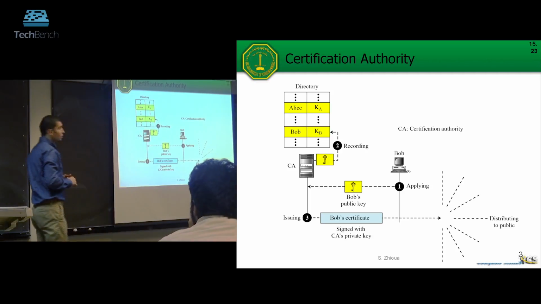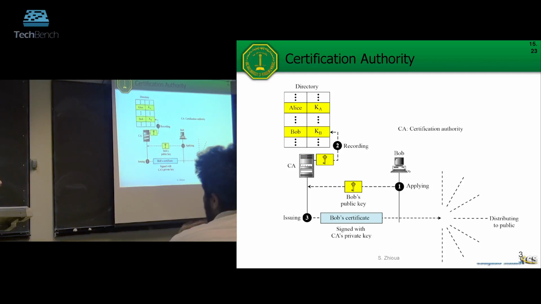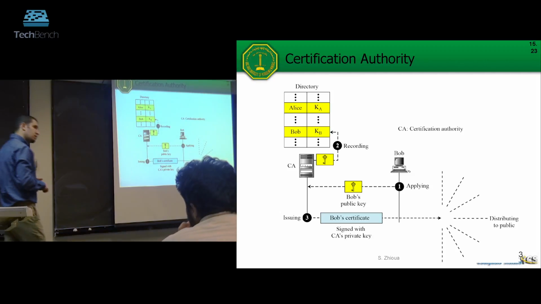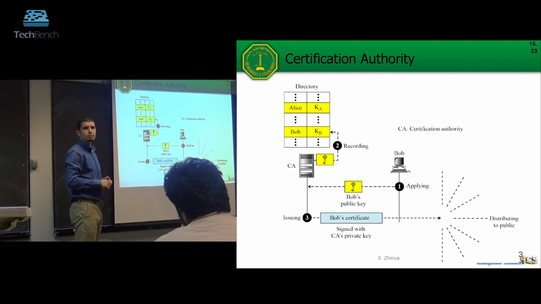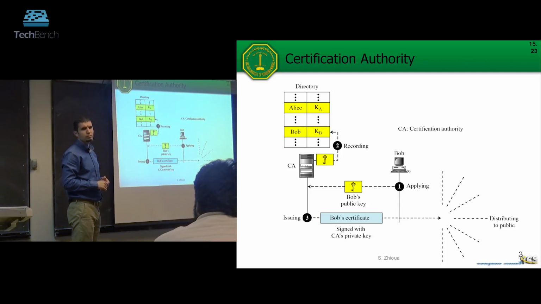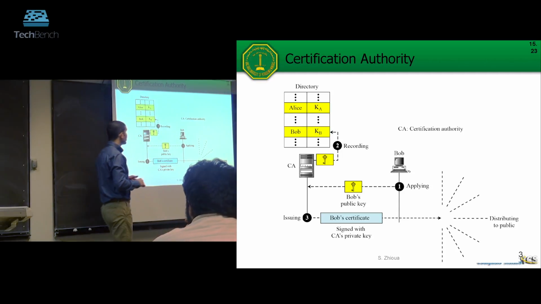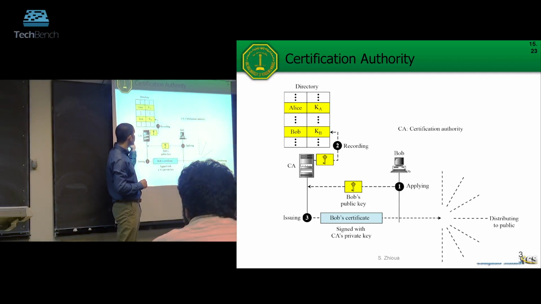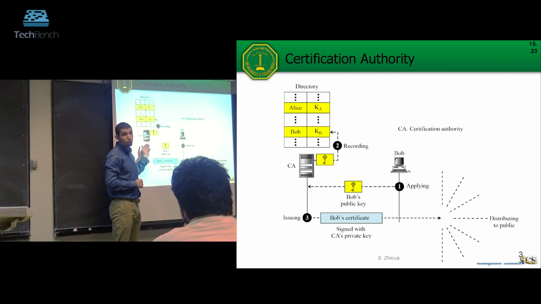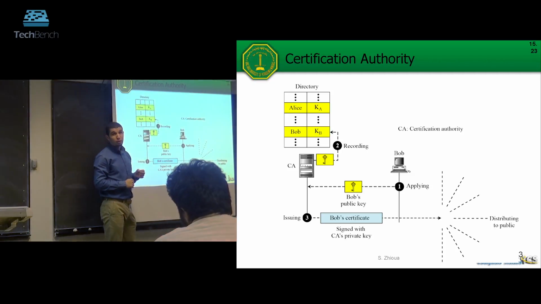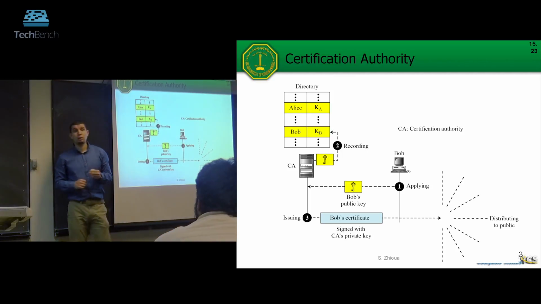Now, Bob's public key will have to change after a while, right? Yes. Now, if someone came and pretended to be Bob and said, I changed my public key, no, changing public keys should also go through the certification authority. Yes, I send it to the certification authority saying that I'm Bob and this is my new public key.